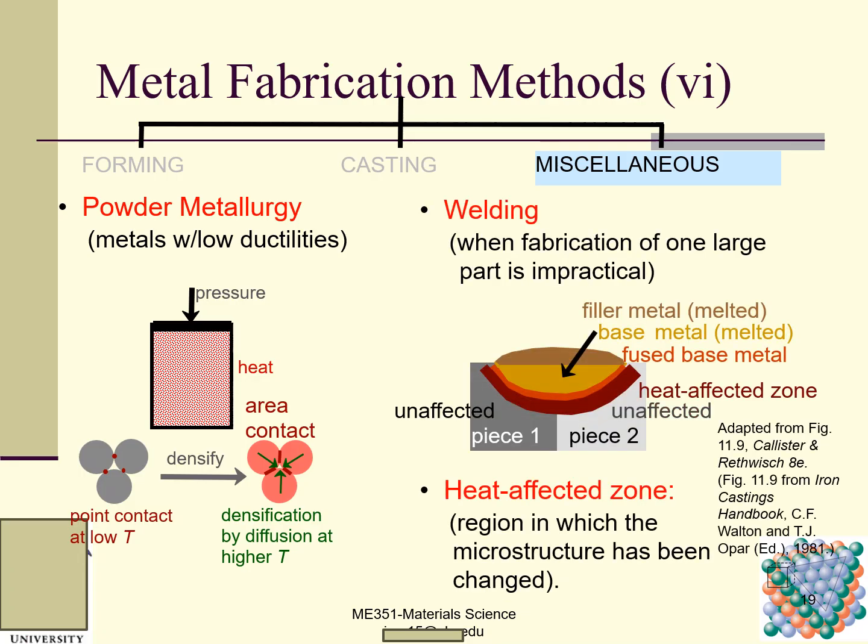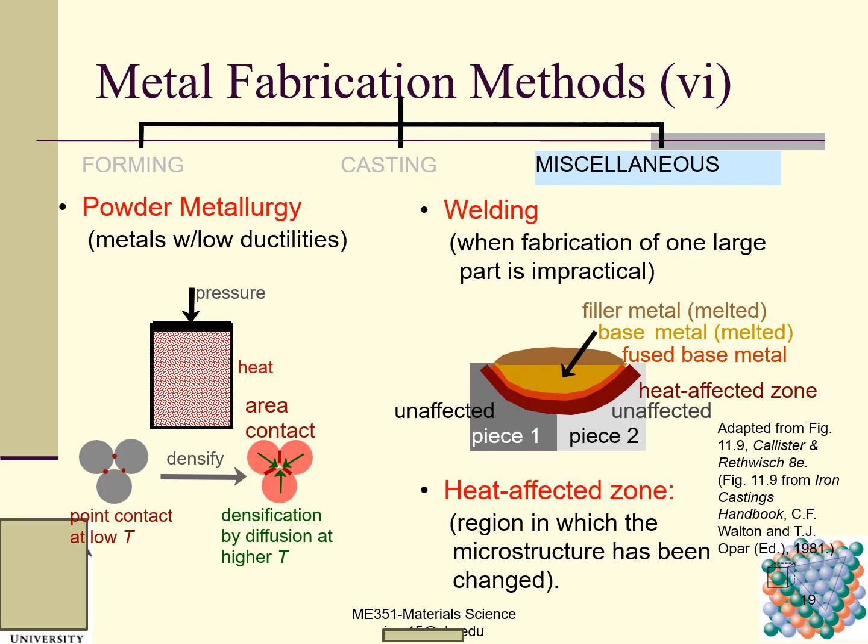And then welding. Welding is a very commonly used manufacturing method for large assemblies, large machinery, and the building industry, for example, shipbuilding or vehicle building. Welding is used when fabrication of one large part is impractical. Here is piece one and piece two, and without loss of generality, we assume these two pieces are different materials.